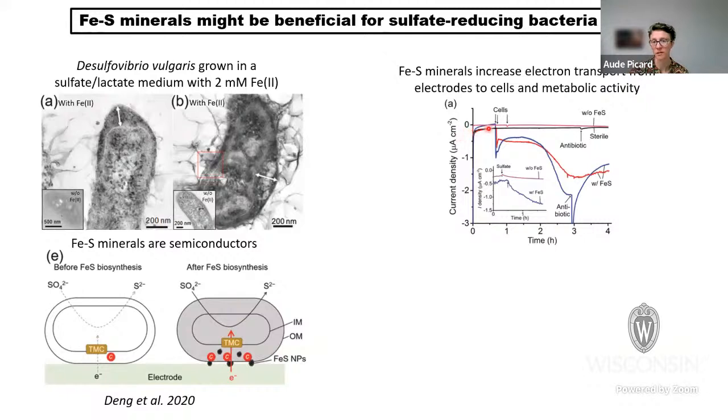The current density doesn't change over time in a sterile environment, an environment without the minerals. But when there are minerals, the current is enhanced: the electron transport from the electrode to the cells is enhanced.